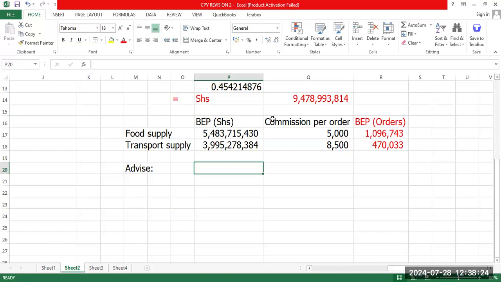Is it clear? And that's all about that calculation question.